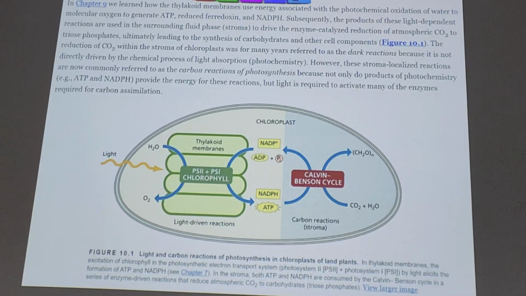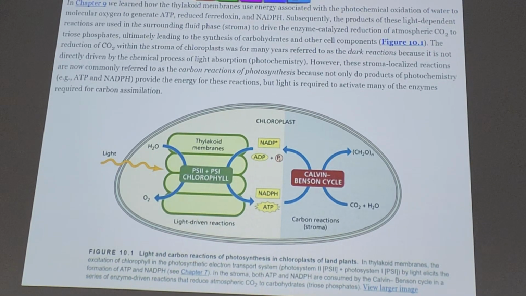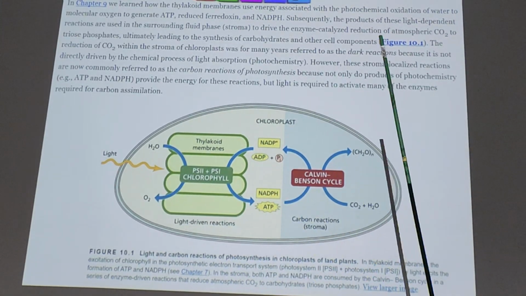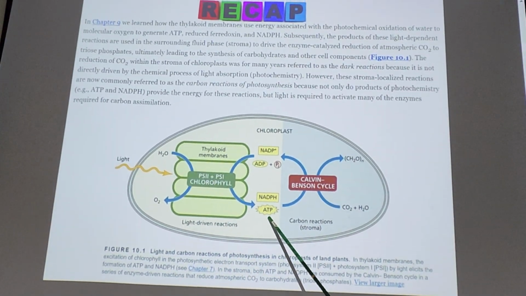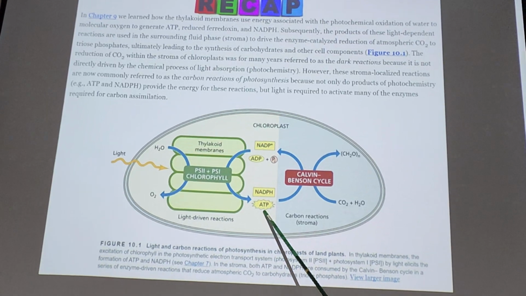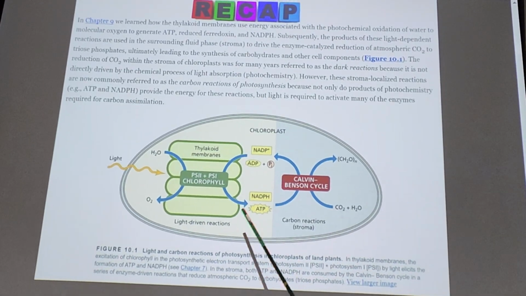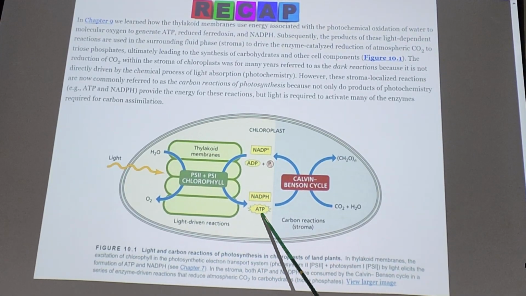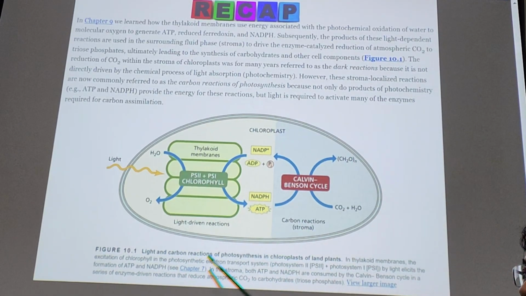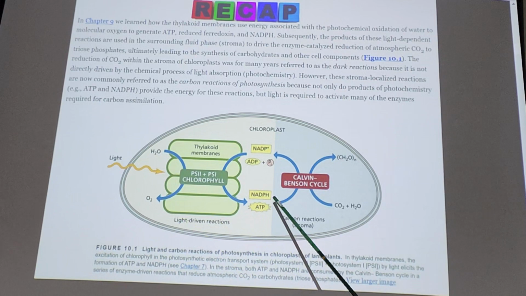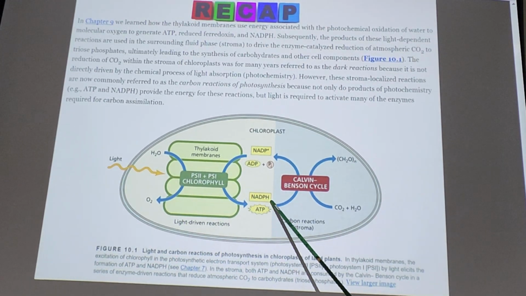To get the products of light reaction, what are the products of light reaction? ATP. What is the function of ATP? To give energy, to phosphorylate anything, because the P can be donated to somebody else, and the process is called phosphorylation. And then you got NADPH.